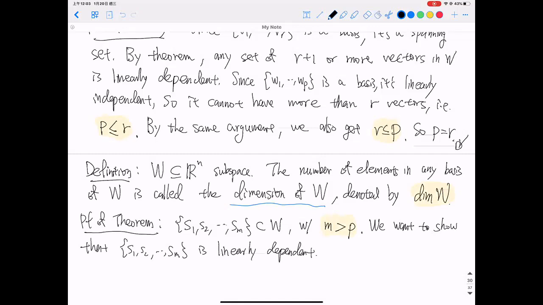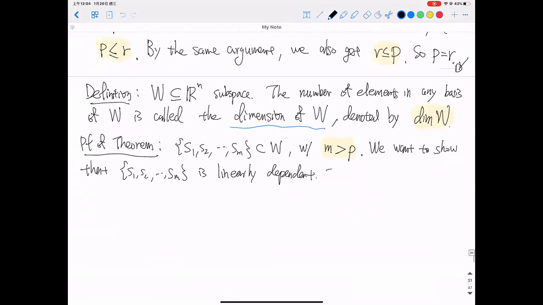And for this purpose, we're going to have to study the linear combinations of these S's, say C1 S1 plus C2 S2 plus through Cm Sm, and we declare it equal to 0.